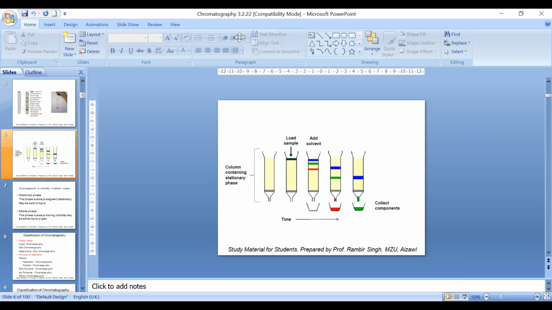Yes, Samra, can you see me? Can you hear me? Yes, sir, I can hear you. Can you see the screen where the three component mixture is being displayed?